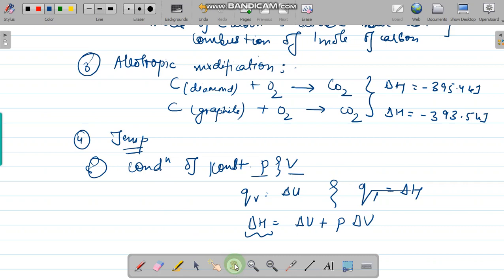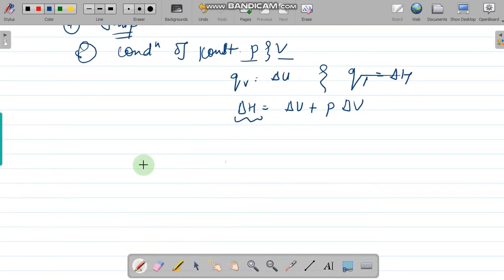Now, when we want to talk about the enthalpy change of a reaction, what is happening? Your reactant is converting into a product. So the enthalpy change of a reaction can be measured.